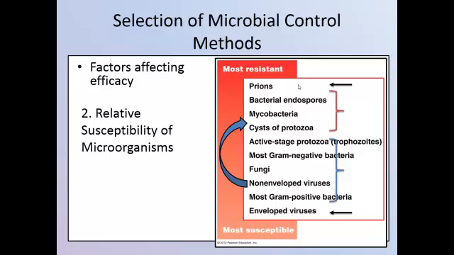Specifically, HIV and the hepatitis B and C viruses. Hepatitis B, we do have a preventative measure, but we don't have a vaccine for Hep C, and we don't have a vaccine yet for HIV, although research is looking very good on that point. Until we get a good vaccine for these blood-borne pathogens, even though they're enveloped viruses, we treat them like they're endospores, because you just can't risk it.